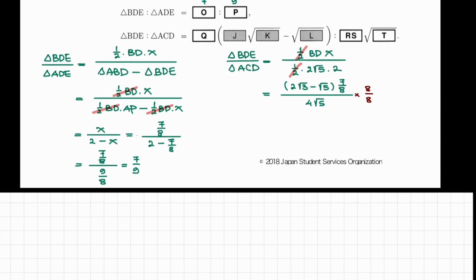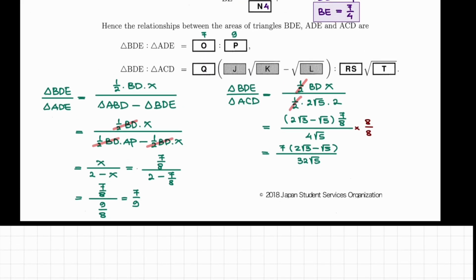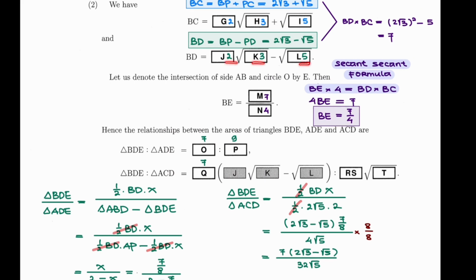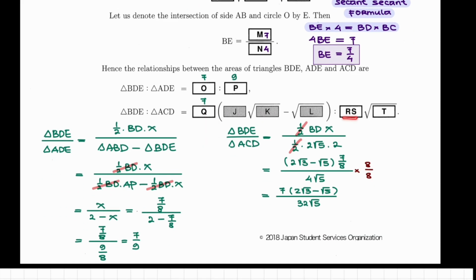So I will get 7 times 2 square root of 3 minus square root of 5 over 8 times 4, which is 32 square root of 5. So Q here is 7. JKL is 235, same as this. And then RS is 32. Finally, T is 5.